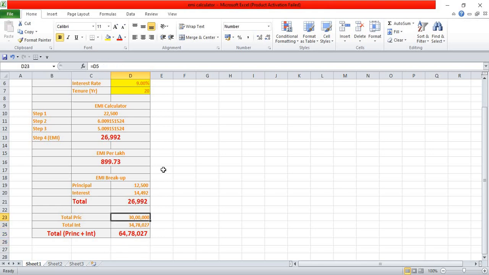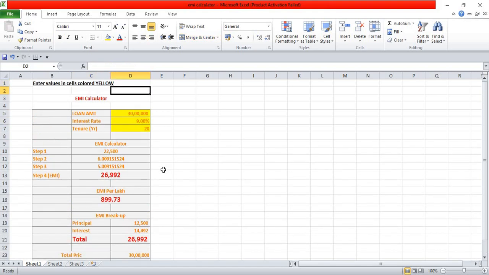So you can see that whenever a person takes a housing loan, he pays more than the principal amount towards interest. Okay, so friends, this was my take on EMI, and it's a very simple Excel calculator.